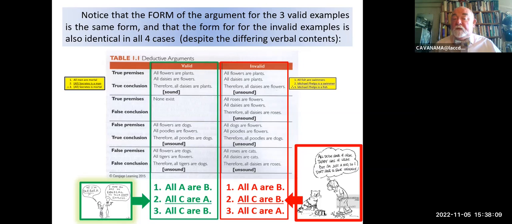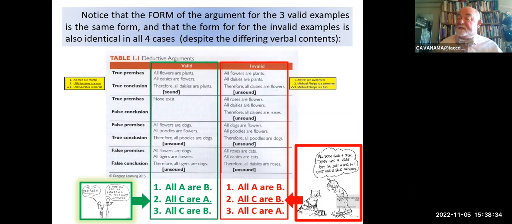And if you look, the form is the same. The Socrates Barbara example: all A are B, all C are A, all C are B. You can go through and mark A, B, and C on 3 of those examples, and you can see they all work out. Okay? You could likewise see that the form of the Michael Phelps syllogism is all A are B, all C are B, all C are A.